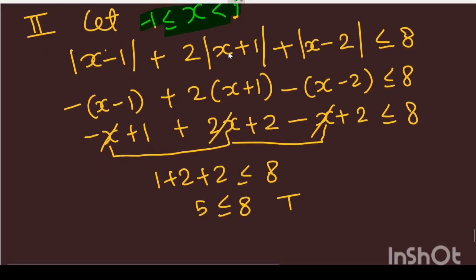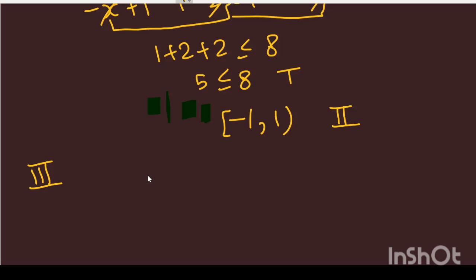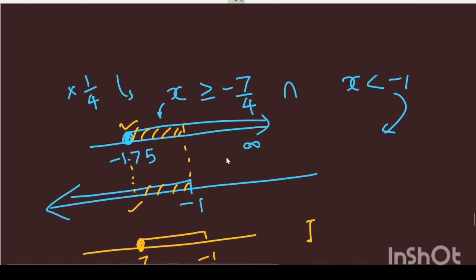What I mean to say is this whole interval is the solution for part 2, minus 1 to 1, guys. This solution is the second part solution. Now let's see the third part, where we assume x to be what, guys?